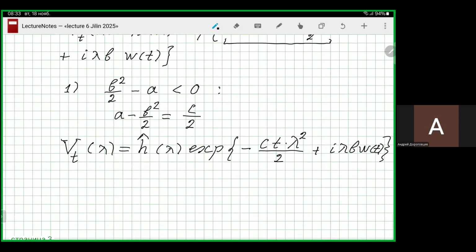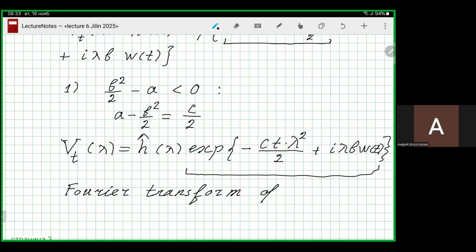I hope that now this exponent is written in such a way that everybody recognizes it. Everybody must recognize here the Fourier transform of a Gaussian density.